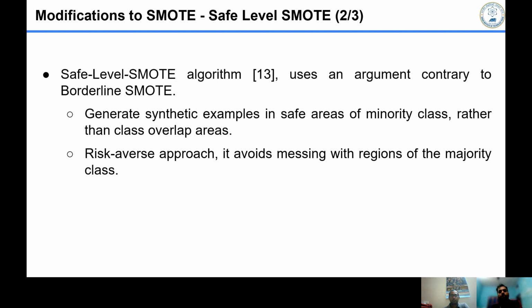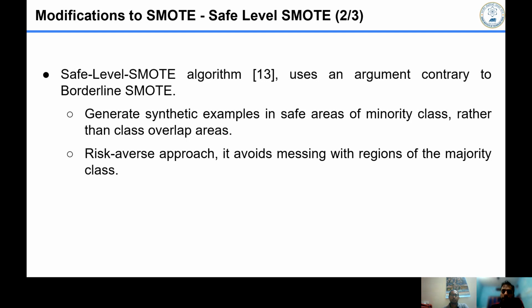In another approach, the author has followed a contrary approach compared to Borderline SMOTE 1 and 2. This variant, which is called Safe Level SMOTE, does not rely on borderline points and overlapping samples. Rather, it synthesizes samples in the area of the minority class.